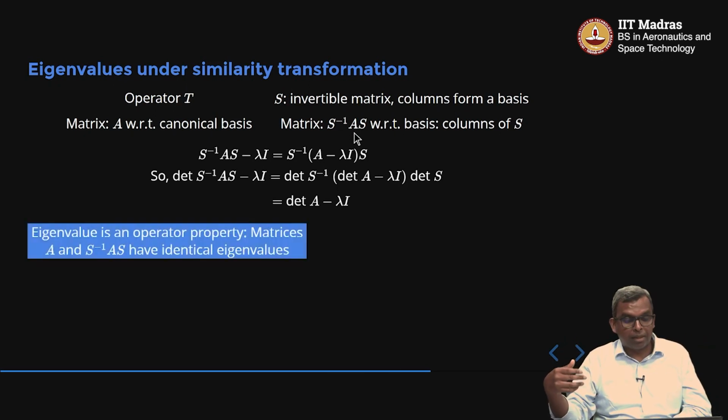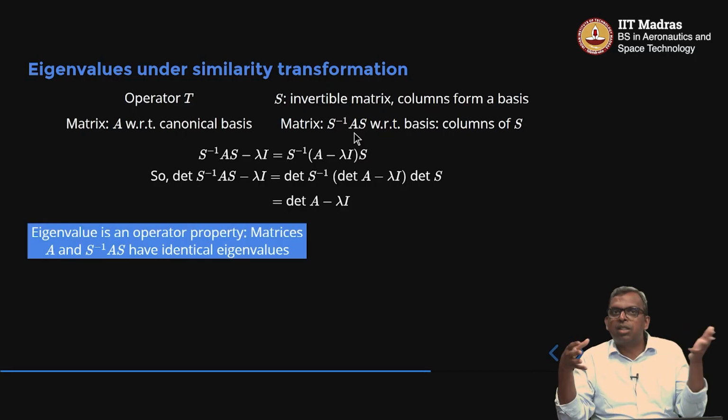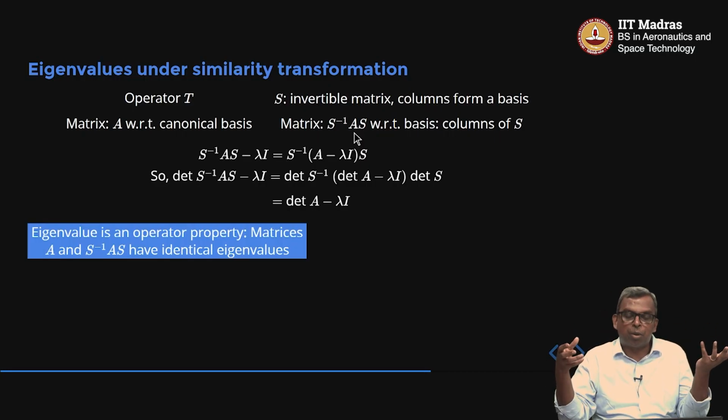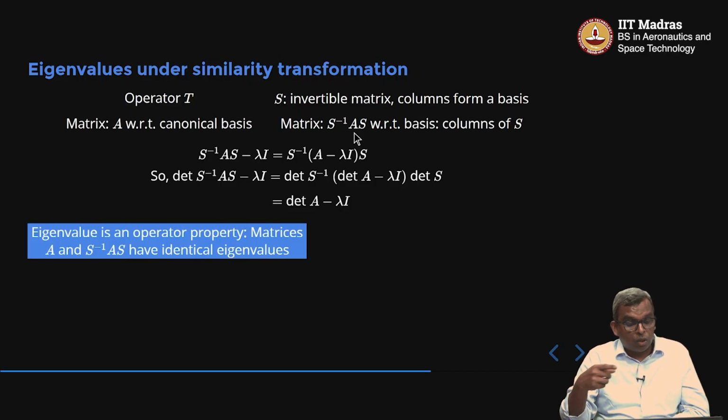So what this means is eigenvalue is an operator property. Just like determinant is an operator property, clearly eigenvalues themselves are an operator property. And what do we know? The product of the eigenvalues is the determinant. So determinant will also be an operator property, but that you can also prove more directly using the product of determinants method. Okay, so this is an important fact to remember.